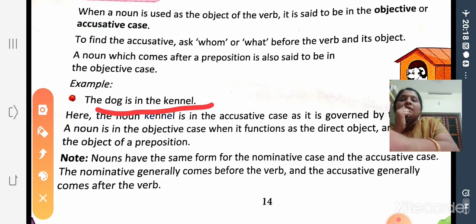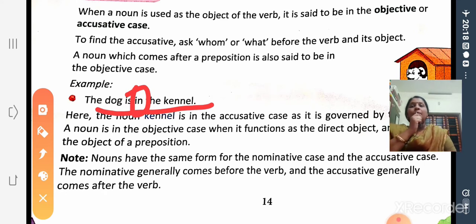But kennel is in the accusative case because it is governed by the preposition in. So whenever a noun is governed by a preposition, any preposition, it is also in the accusative or objective case.